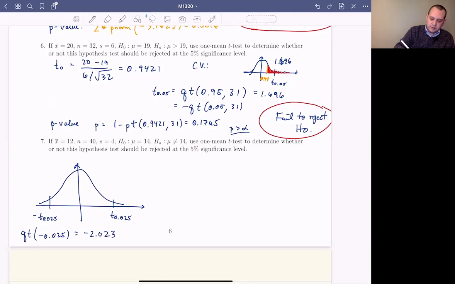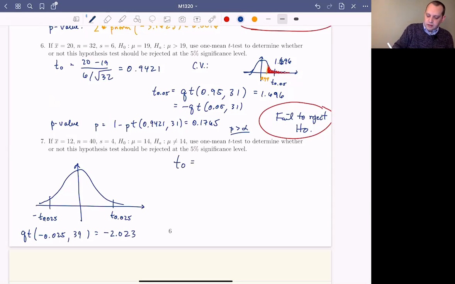And I forgot, this would give you an error because I forgot to include that we have 39 degrees of freedom because we have 40 data points. So if we plug those in, we would get negative 2.023, and then by symmetry, the value on the right would be 2.023.